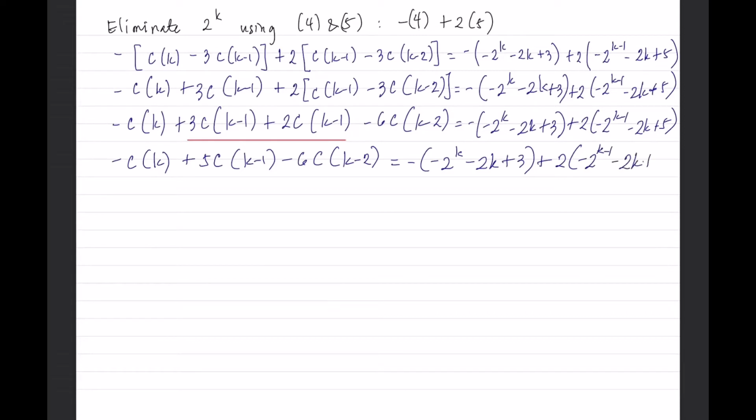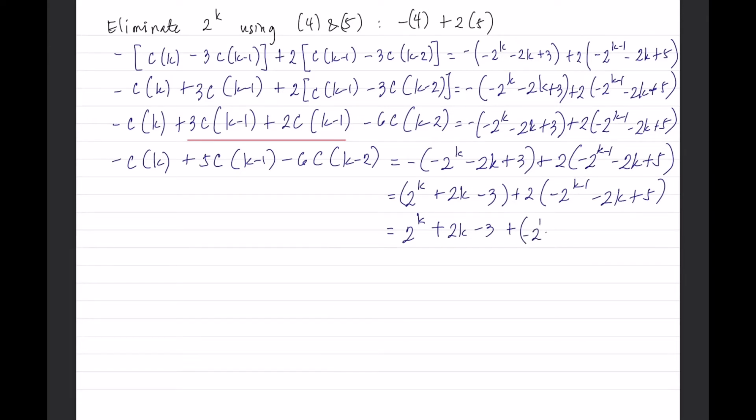So the next step, we will manipulate the right hand side. So that would be distribute the negative sign. That would give us that equation, and then we copy the other set of terms. Then we distribute 2 to all the terms.